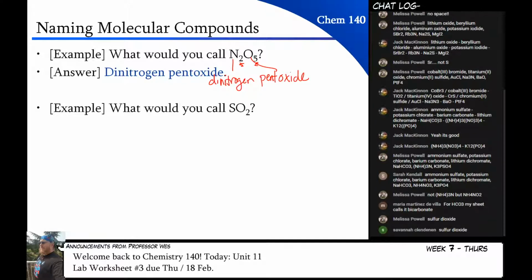There you go, sulfur dioxide. Very good. First element is sulfur, the last element is oxide. There are 2 oxygens, sulfur dioxide.